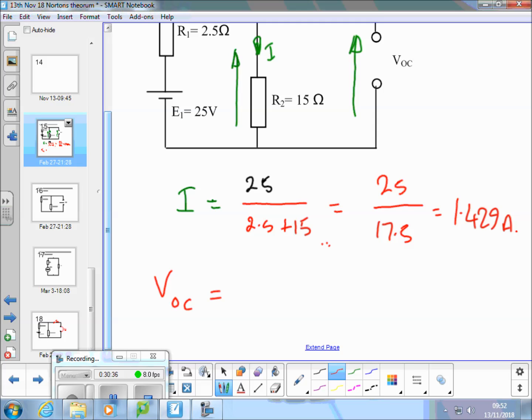It is the current times the resistor R2, 1.429 times 15 equals 21.42 volts. Yep. So that would be our Thevenin's voltage we would use.